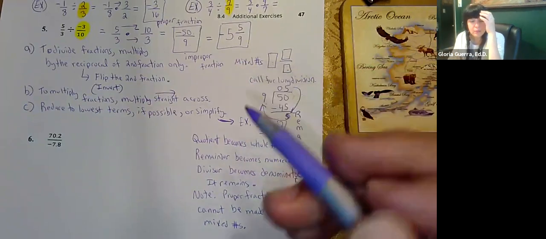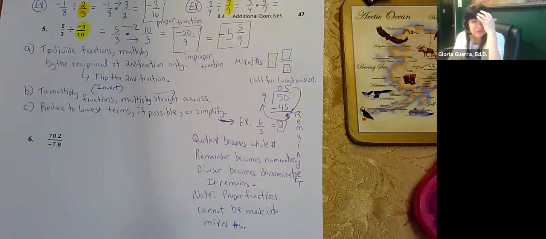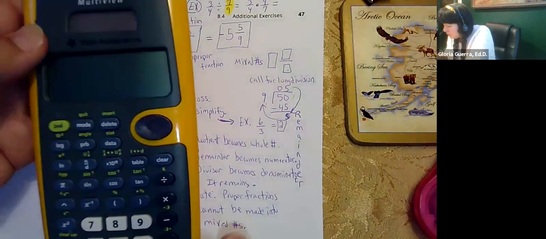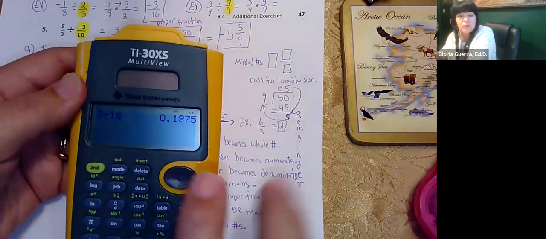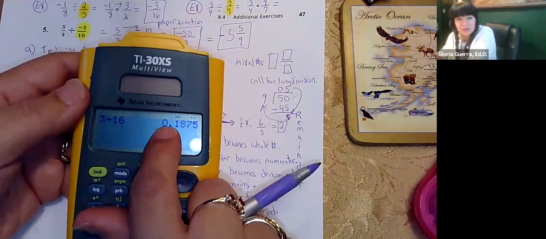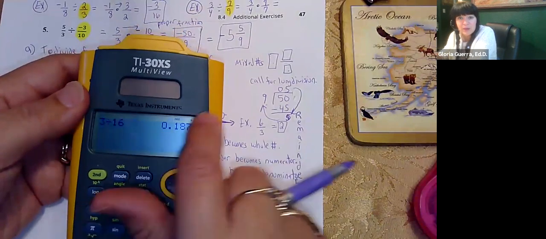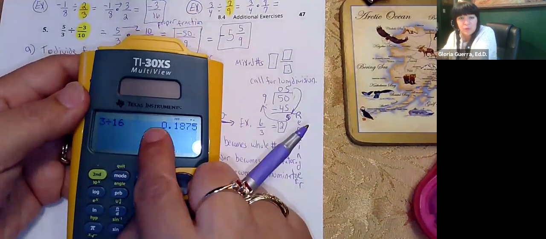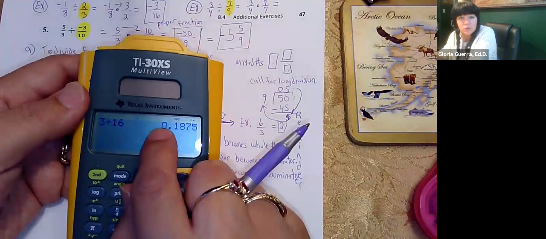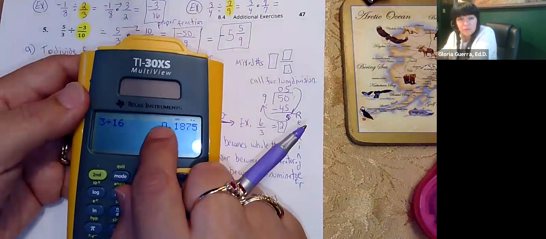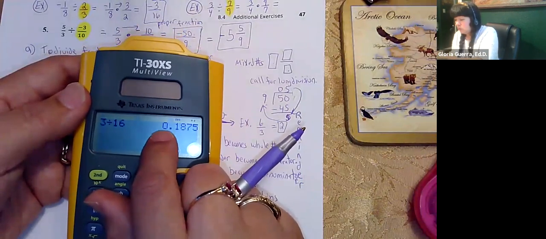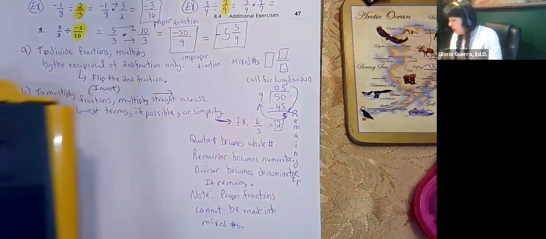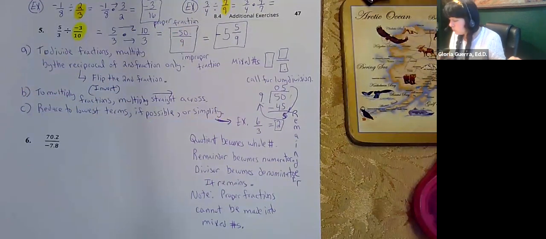That can't happen with 3 divided by 16, because even on the decimal side, 3 divided by 16 is 0 point something. A mixed number has got to have a whole number, 1, 2, or 3, even if it's -1, -2. Here it's a 0. So yes, proper fractions cannot be made into mixed numbers.